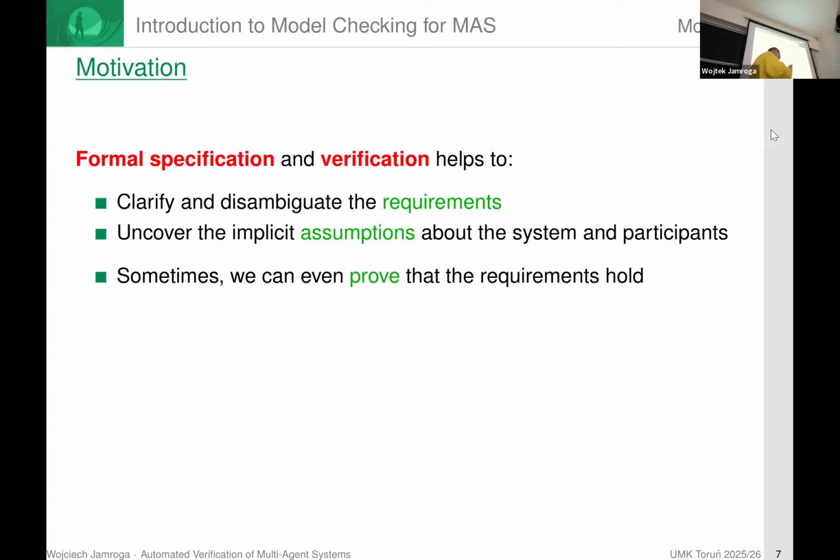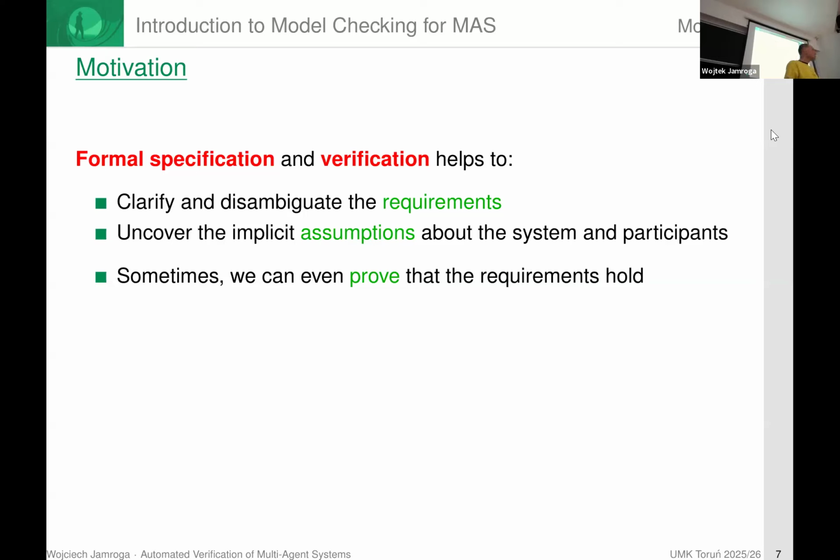But then, on top of that, we can try to do some formal reasoning in order to prove that the requirements hold. So let's say we move on from requirement specification to architectural design, or we move further on to prototyping.